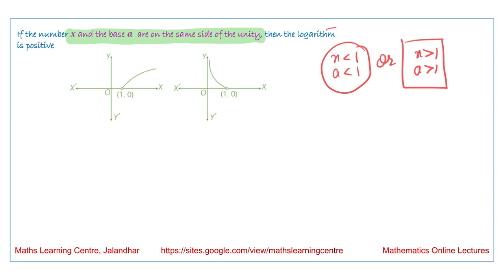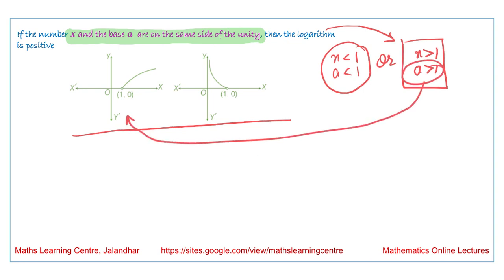Then the logarithm is positive, and the graph is in this form. When a is greater than 1, the graph will be of this form, and when a is less than 1, the graph will be of this form. The only difference is now we are not having the negative values over here.